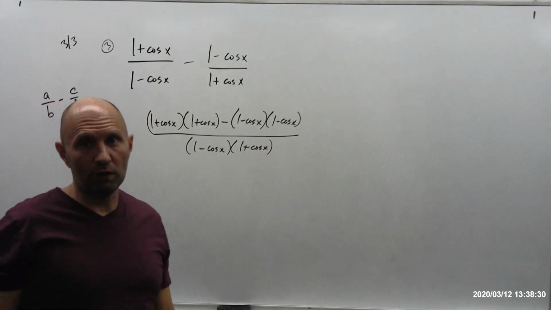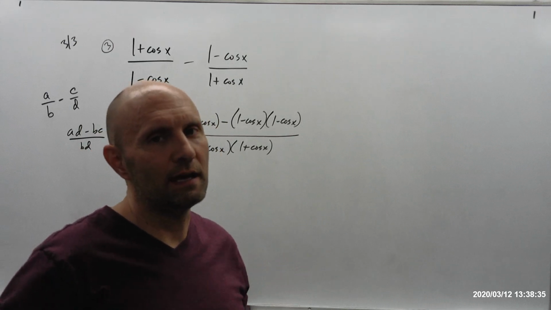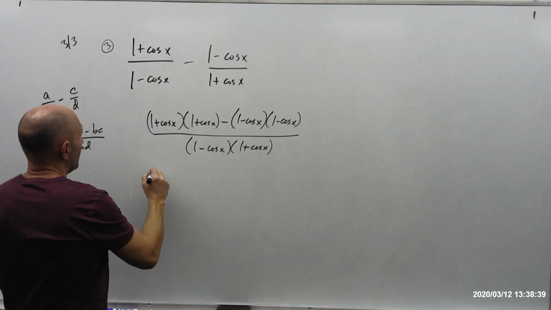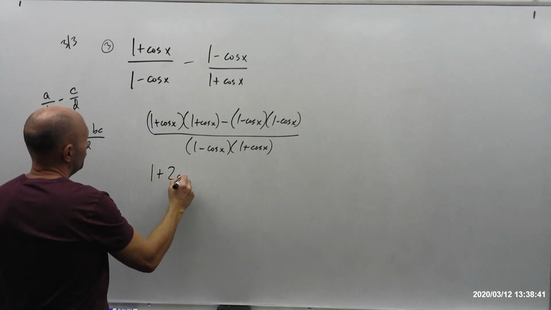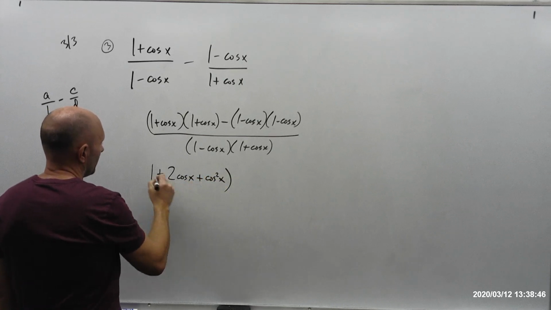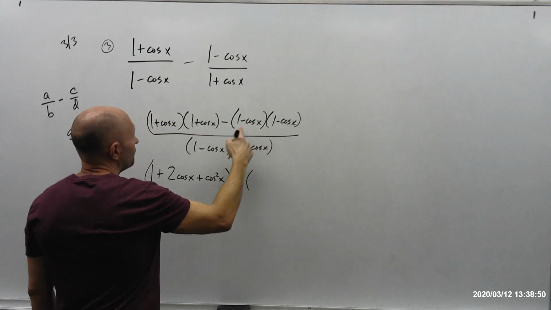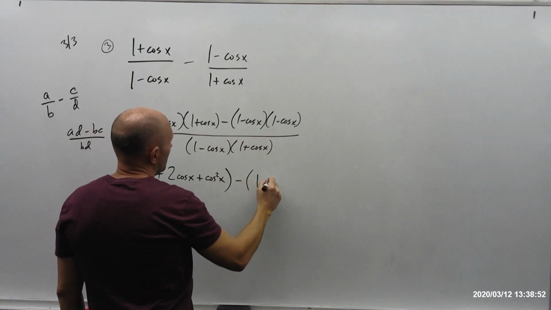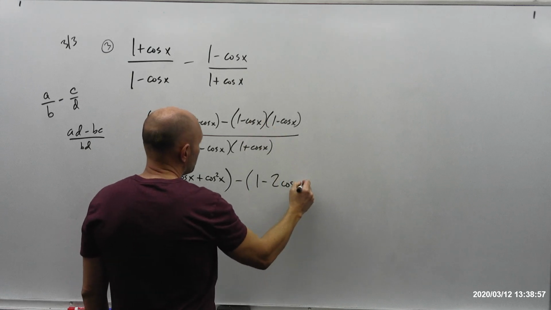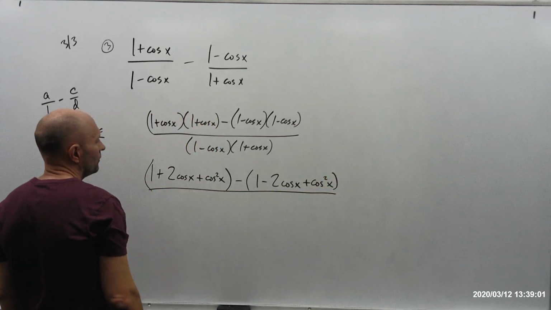A lot of foiling here to do. Slow down. Be careful. Take your time. When we FOIL these first two, we end up with 1 plus 2 cosine of x plus cosine squared of x, minus, when I FOIL this one, 1 minus 2 cosine of x, negative times negative is plus cosine squared of x, all over.